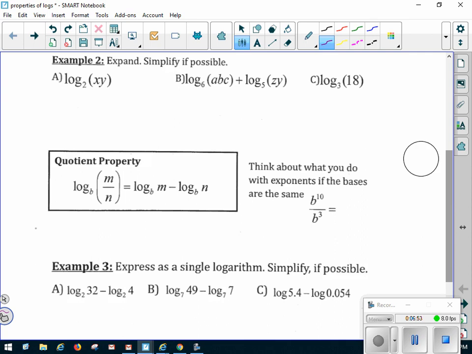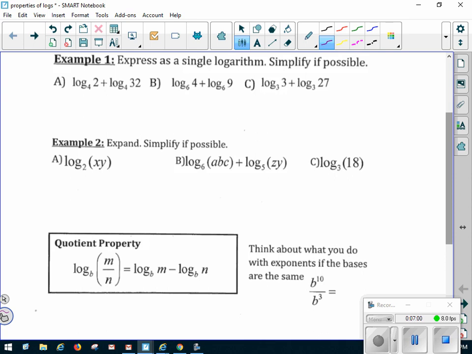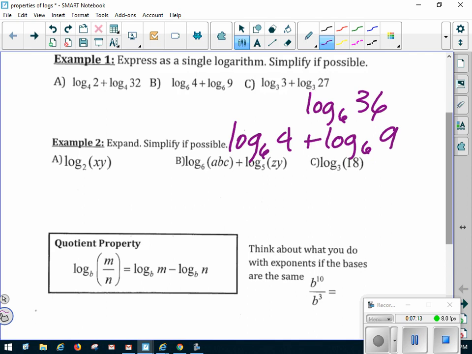Do you remember how to expand? Now let's look at this. If I knew log base 6 of 36, I can break that up and I can say that's log base 6 of 4 plus log base 6 of 9. Because 4 times 9 is 36. I know these are equal.